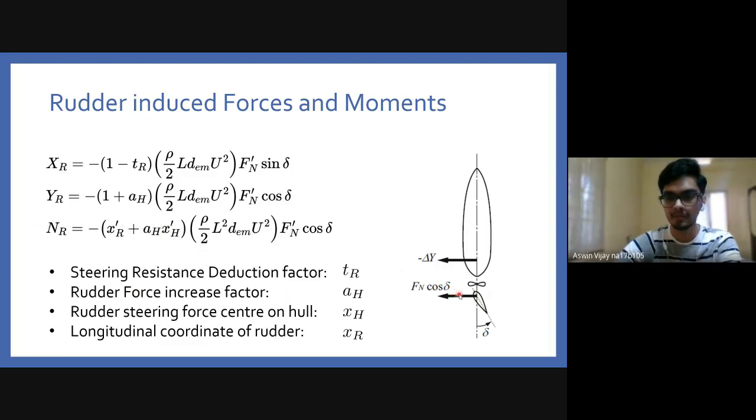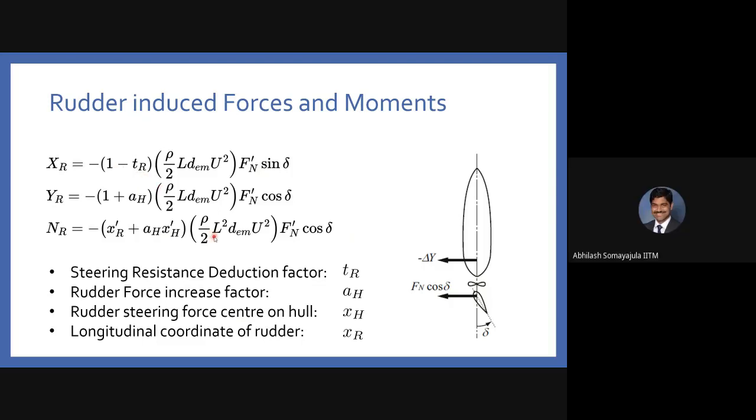So the net moment will be this one minus this one, which is captured in this equation. And the XR will be 1 minus TR, which is the steering resistance reduction. Fn sine delta will be in the opposite direction, and this is the reduction due to that. The reduction term is also added to capture the XR.